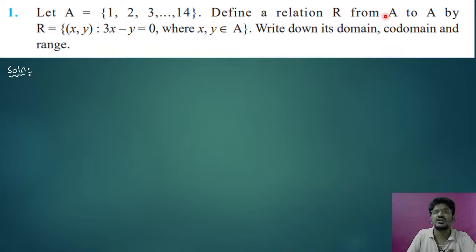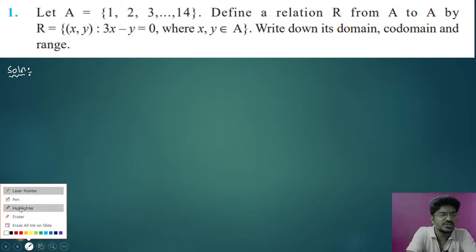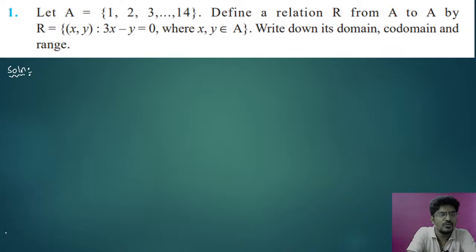So they have given the set with 14 elements, and a relation R from A to A given by R equal to the set of (x, y) such that 3x minus y equal to 0, where x, y belong to A, and we have to write its domain, codomain and range. My dear students, first you must understand what is domain and what is range.